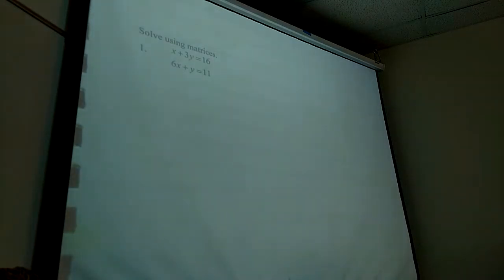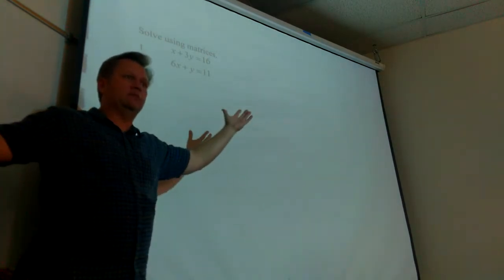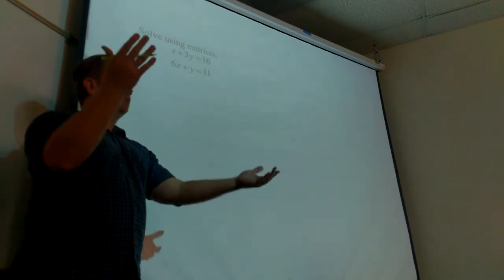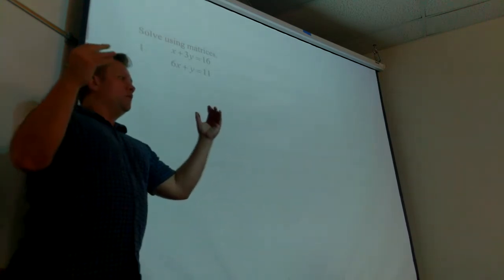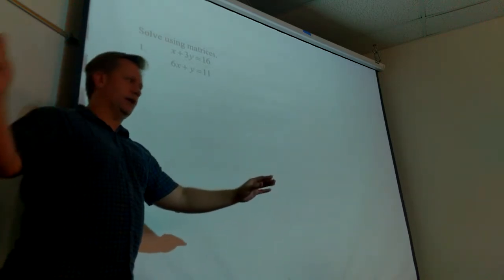Now, let me say this. 2x2 matrices, systems of 2 equations, the matrix takes longer to do. I will admit that. But it's a nice little thing, so we're just getting used to how to use the matrix. 3x3, they're about the same amount of work. 4 by 4, a matrix beats doing it by hand. And then anything above that is like, hello. 11 by 11.